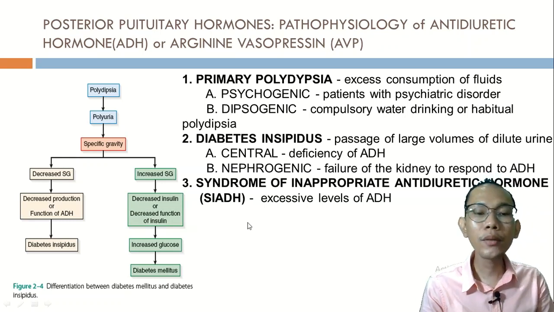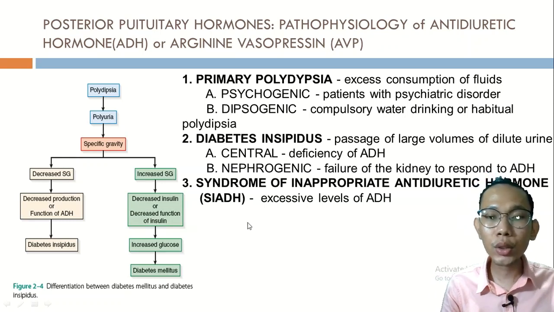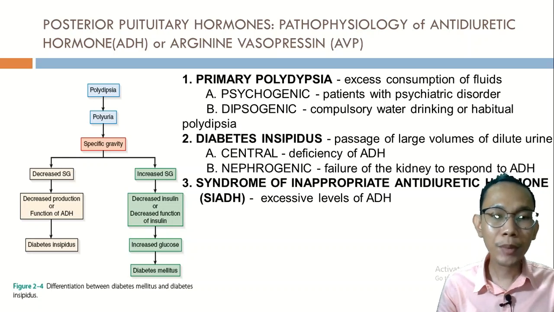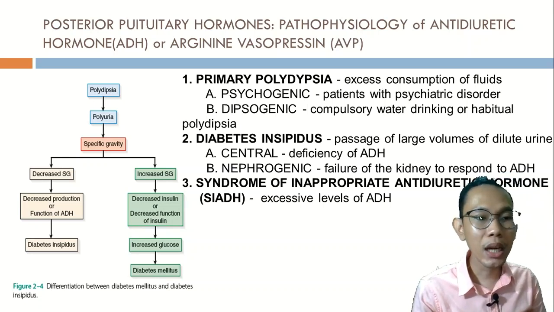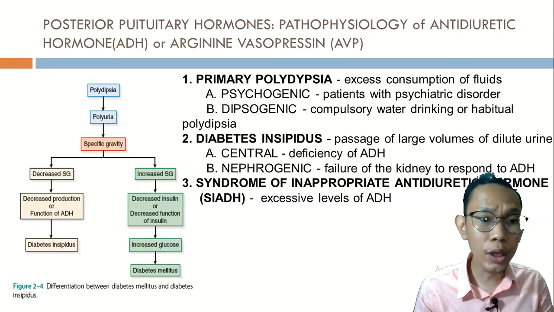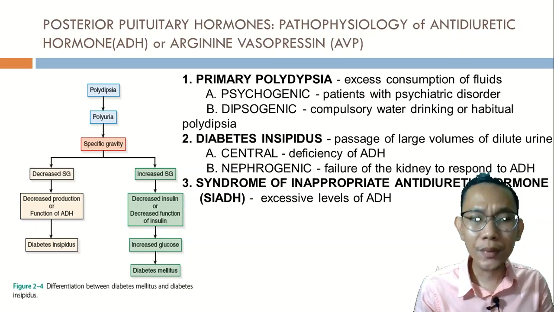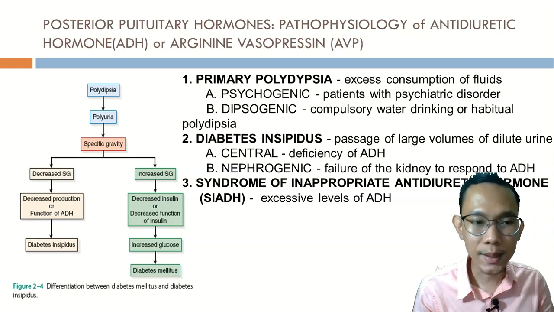So one way of differentiating your diabetes mellitus from diabetes insipidus is through your specific gravity. The specific gravity of your diabetes insipidus is decreased, while your specific gravity of your diabetes mellitus is increased.